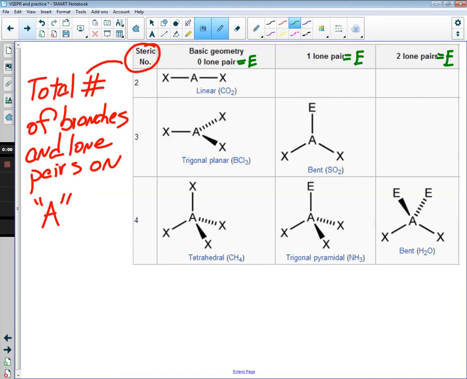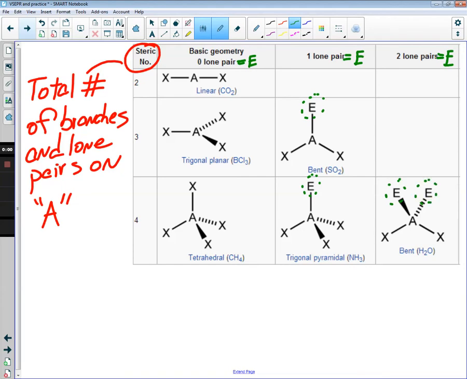None of them have any unshared pairs either. In these cases, all of their pairs of electrons are being shared with other branches. In the middle column right here, we've got 1 unshared pair. And then in this one here, we've got 2 unshared pairs.